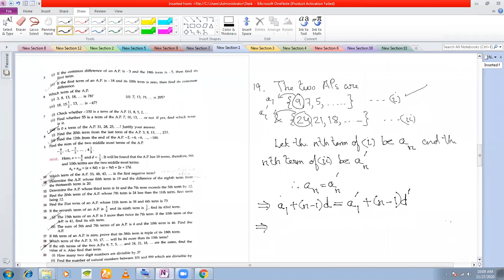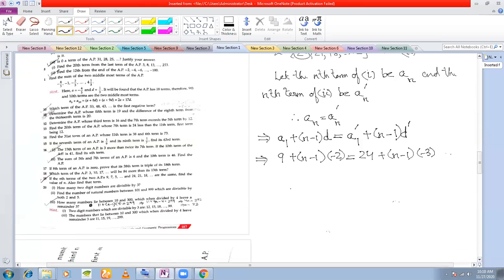Now we'll put the values of a1, a1 dashed, and d dashed. In the first AP, what is a1? It is 9 plus n minus 1, and what is d? 7 minus 9, which is minus 2. a1 dashed, the first term, is 24 plus n minus 1, and what is d dashed? 24 minus 21, which is minus 3.